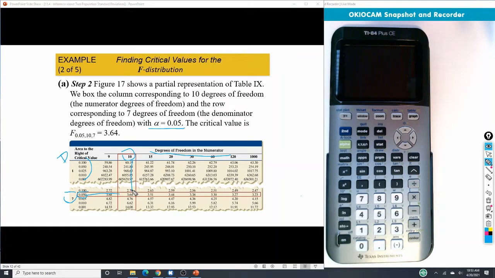That is our critical value for this F distribution for these pieces. Okay. So a lot of little details there. Again, we got to know our numerator, our denominator, and then our critical value there, level of significance when it comes to those pieces. All right.